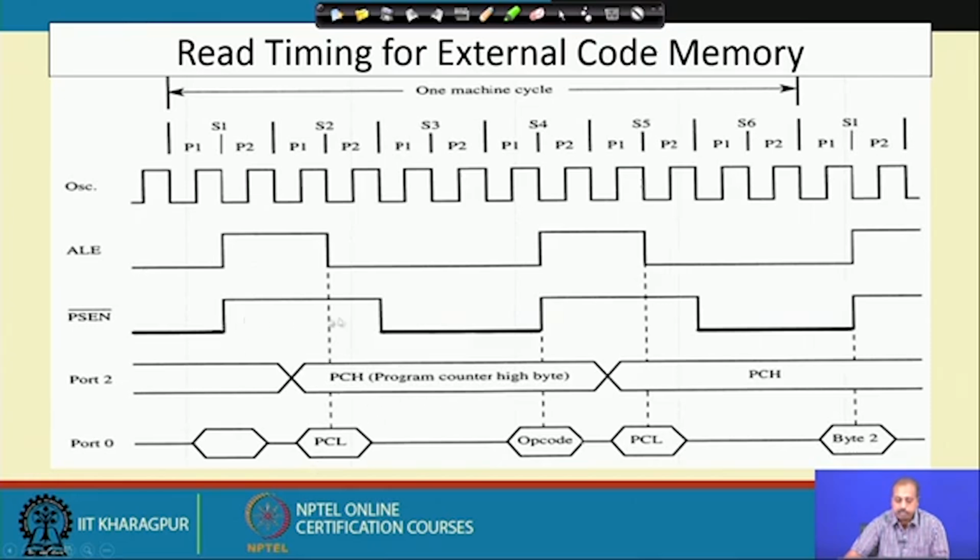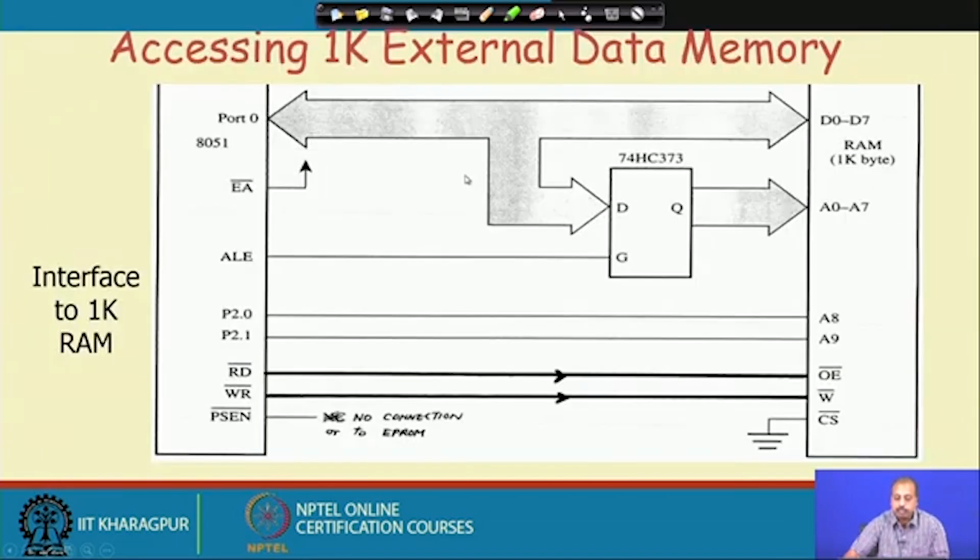And this PSEN bar line, since it is PSEN bar, there is this complementation, so when it makes a transition from low to high, that point is taken as the triggering point for the memory to put the data. This way the whole external code memory read operation takes place.